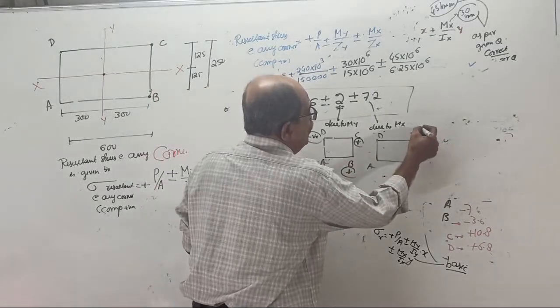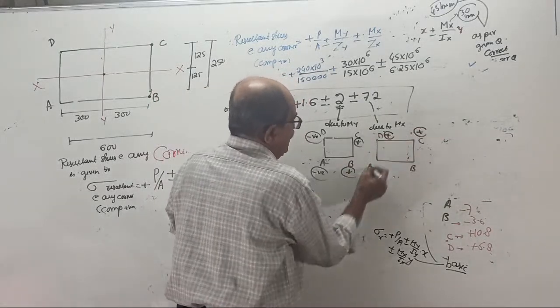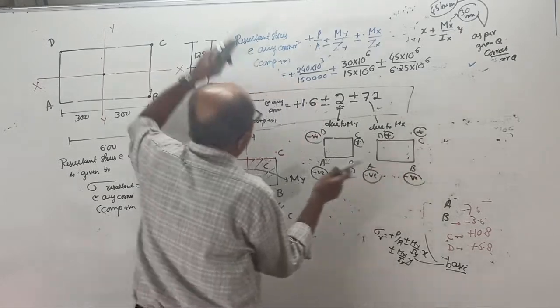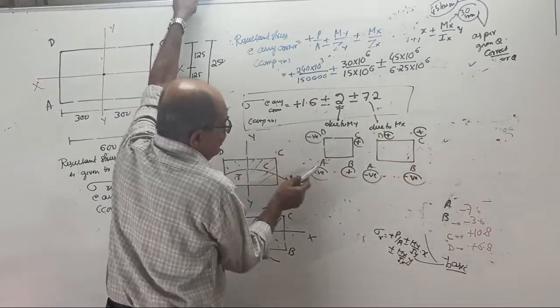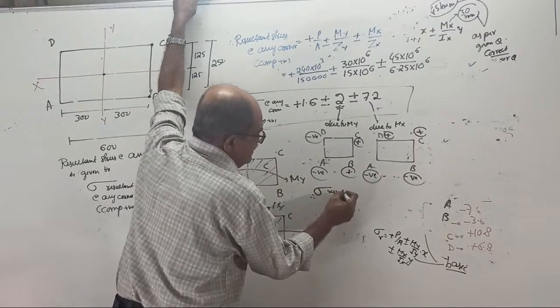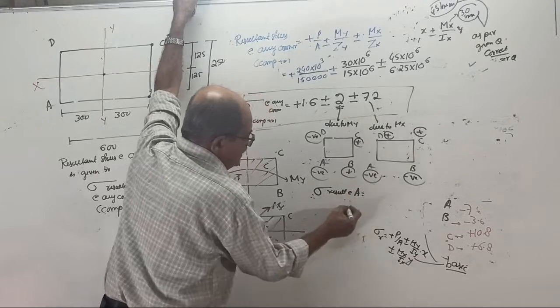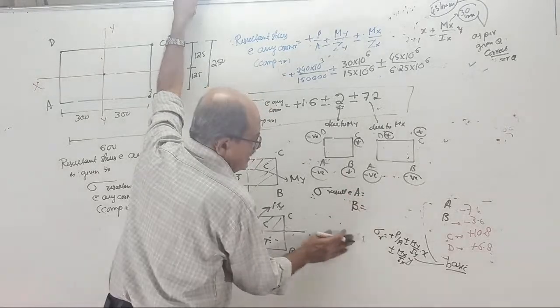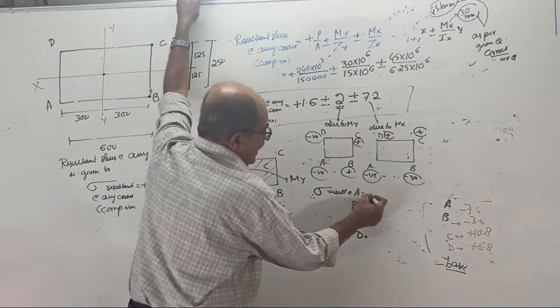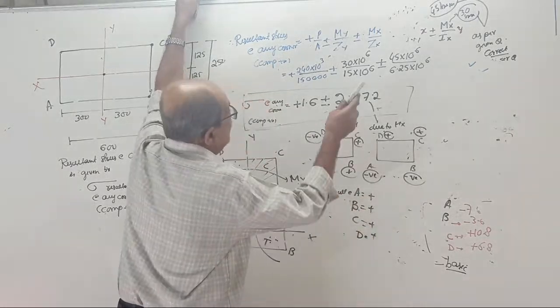C positive, D positive, A negative, and B negative. Therefore, sigma resultant at A, at B, at C, at D is plus, plus, plus, plus.